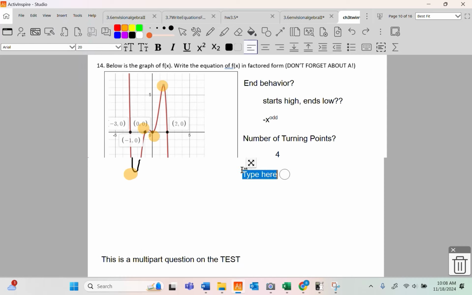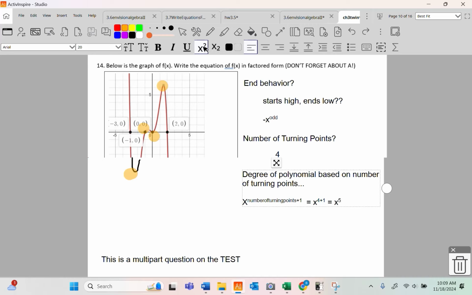All right, so then we have the degree of the polynomial based on the number of turning points. So the deal is it's x raised to the number of turning points plus 1. So this is x to the 4 plus 1, which is x to the 5th. So I expect a 5th degree polynomial.